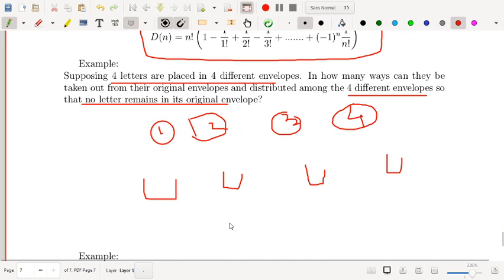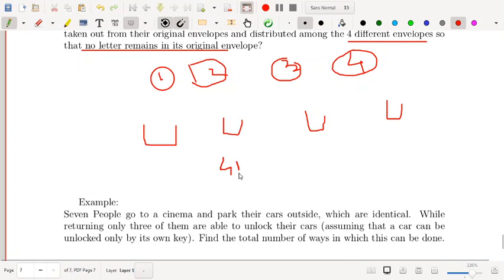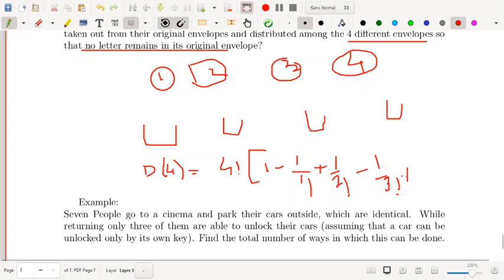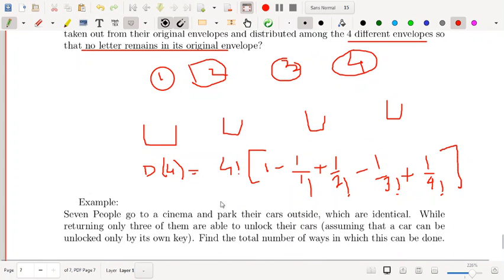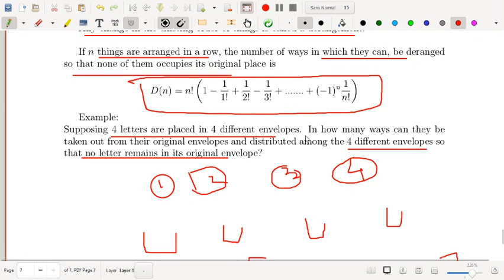How will you apply? d4 is given by factorial 4 into (1 minus 1 by factorial 1 plus 1 by factorial 2 minus 1 by factorial 3 plus 1 by factorial 4), alternately plus minus. You look at that formula, so you will calculate and you will see the result will be 9 in this case. Okay, so this is how you can apply this.